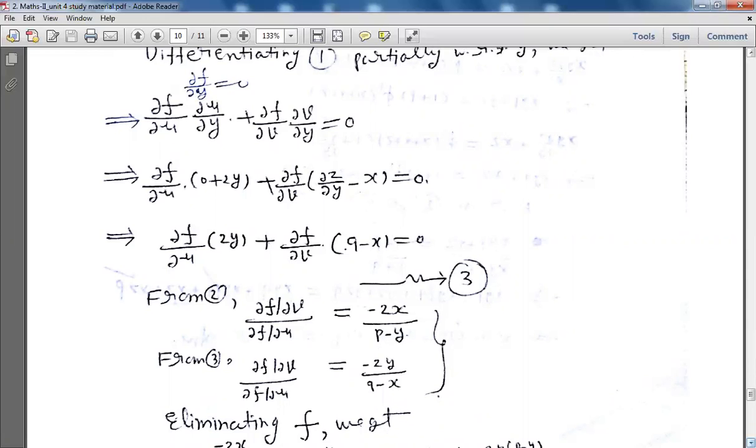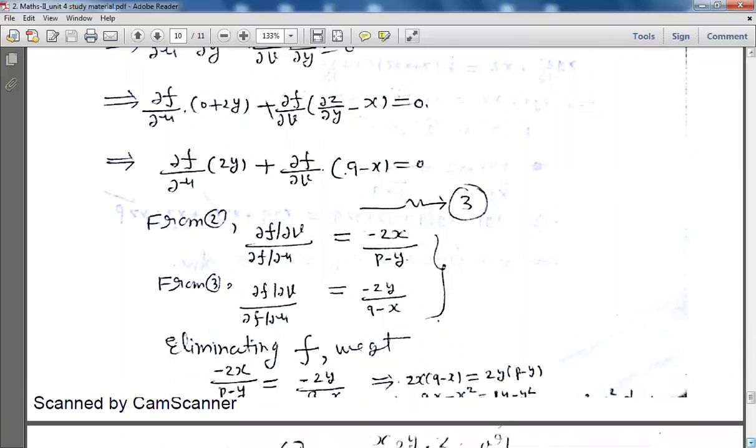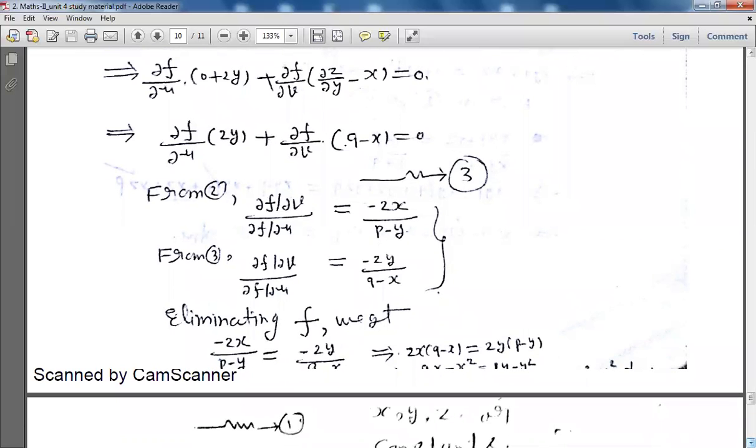Now these two relations help obtain the partial differential equation by elimination of the arbitrary function. To eliminate the arbitrary function f from these two relations, we get −2x upon −y equal to −2y upon −x. The final result is 2x² = 2y².